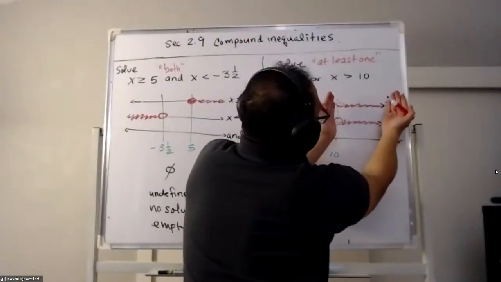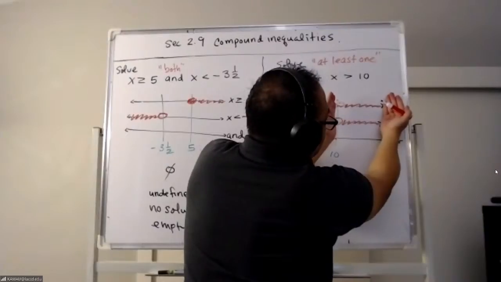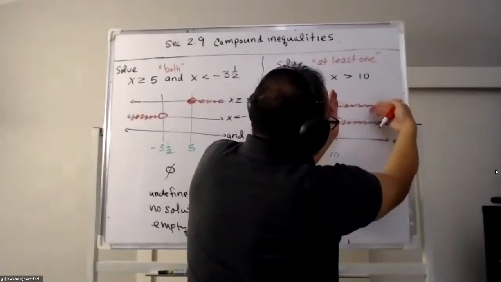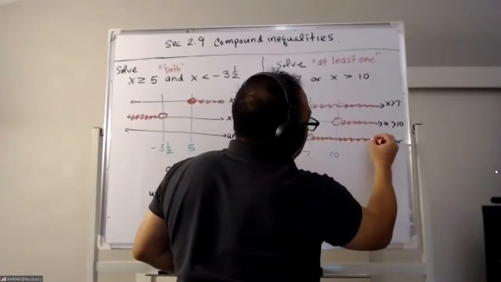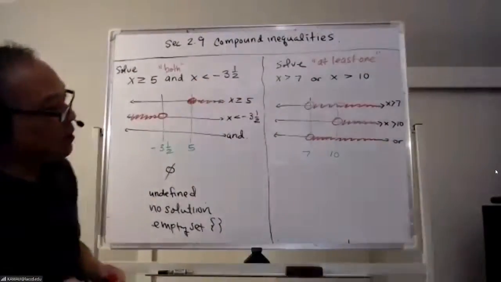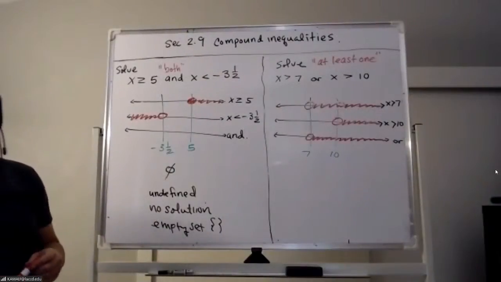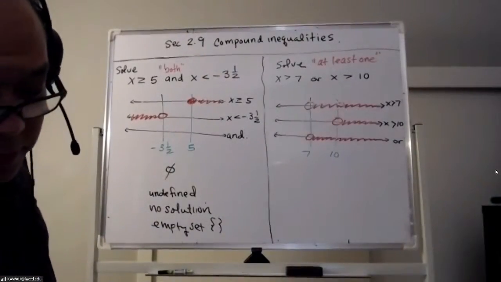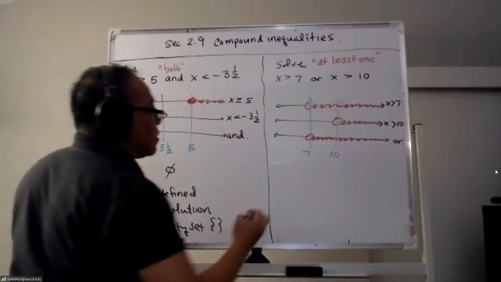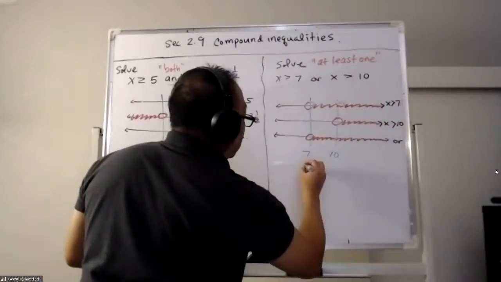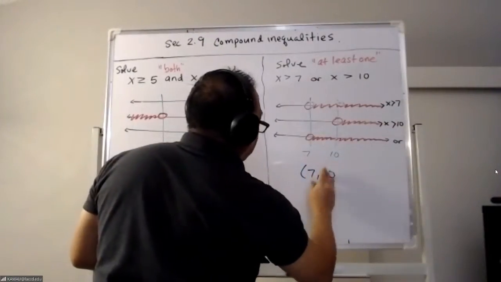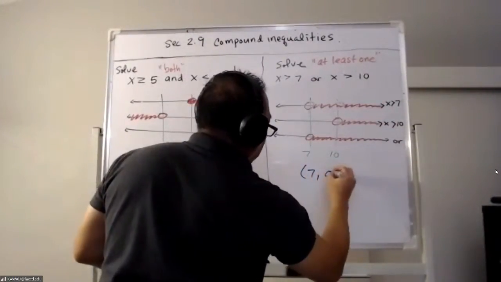And then over here, is at least one of these shaded in? And the answer is yeah, both of them are shaded in. But definitely one of them shaded in. So then our answer becomes, I'm sorry, 7 comma infinity.